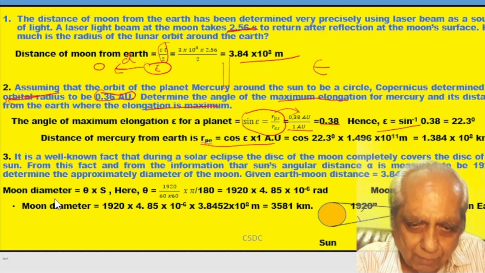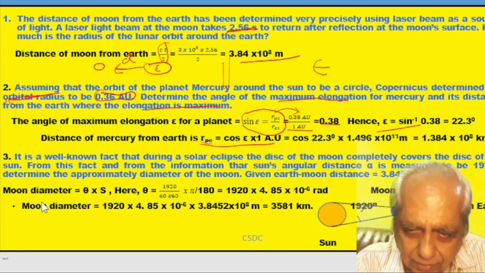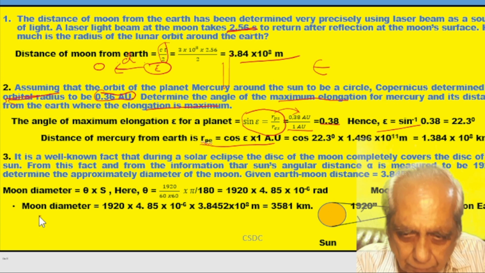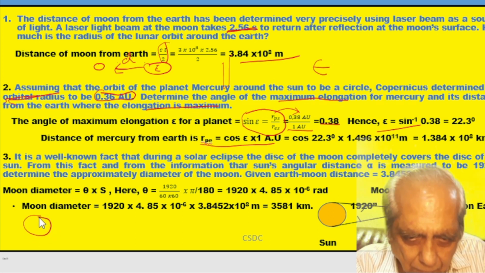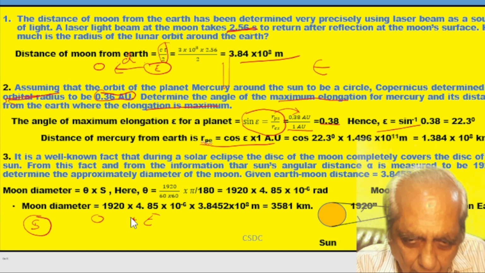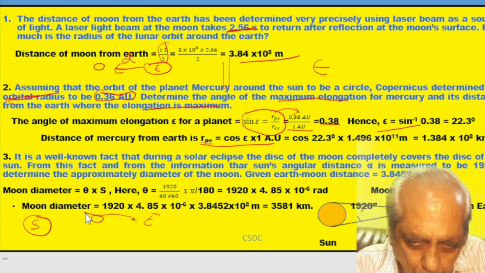Now the third sum is very, very important. See, this is the sun and this is a point on the earth. So from earth, the moon will be somewhere here. When the light goes from the earth, passes through the, I will draw again.